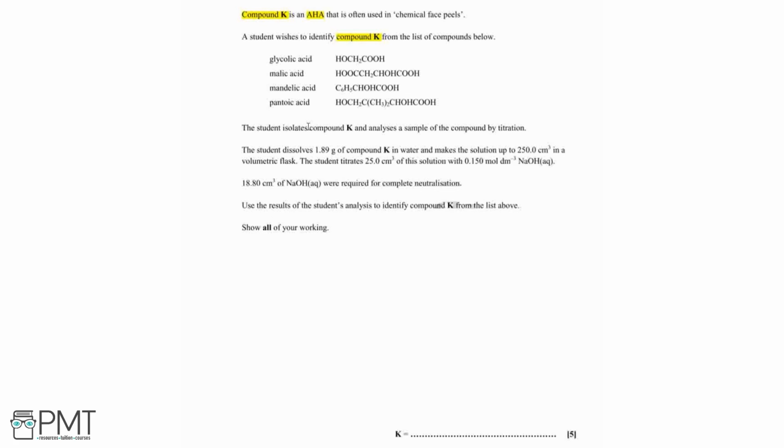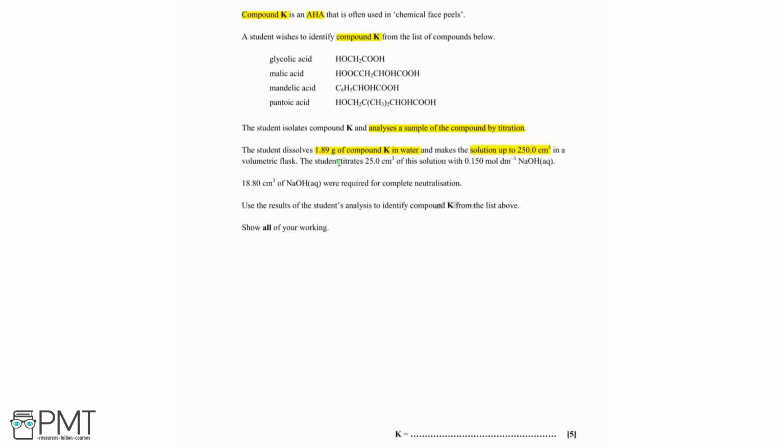The student isolates compound K and analyzes a sample of the compound via titration. And here's the method for our titration with our key values. The student dissolves 1.89 grams of compound K in water and makes the solution up to 250 centimeters cubed in a volumetric flask.